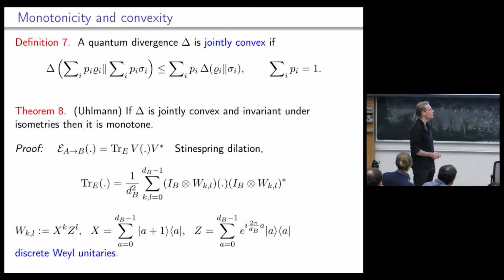So this is an isometry, this is just the partial trace. This isometric conjugation does not change the value of the divergence. And the trick is that we can write the partial trace as a convex combination of unitary conjugations. And these unitaries are the so-called discrete Weyl operators, which are defined this way. And these X and Z are just higher dimensional generalizations of the Pauli X and Z operators.